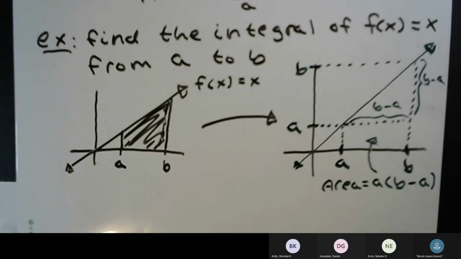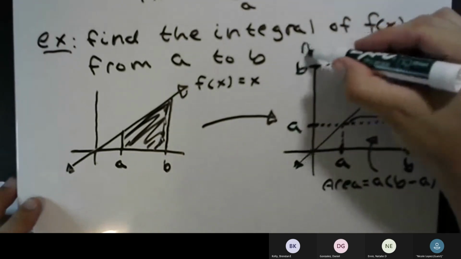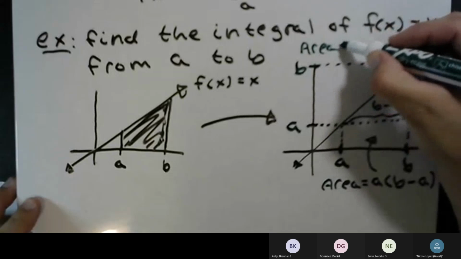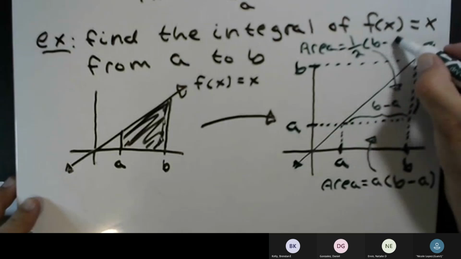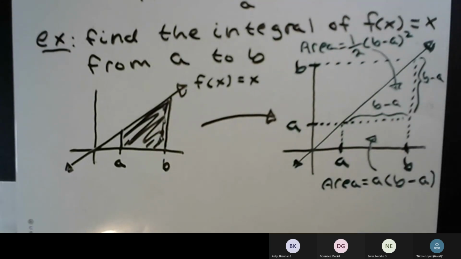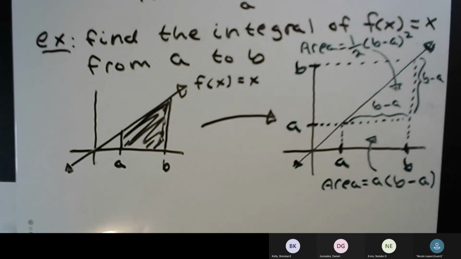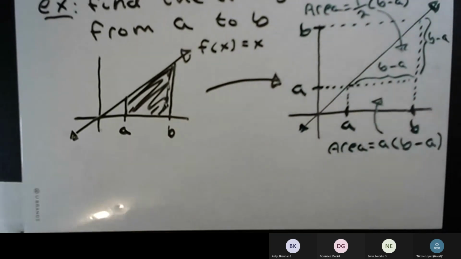But this is a triangle, so it's going to be 1/2 base times height. Base and height are the same thing, b minus a, so we get 1/2 times b minus a squared. We just have to add these two areas up, and that gives us our area, or our integral.